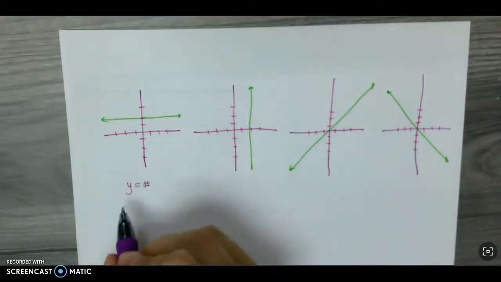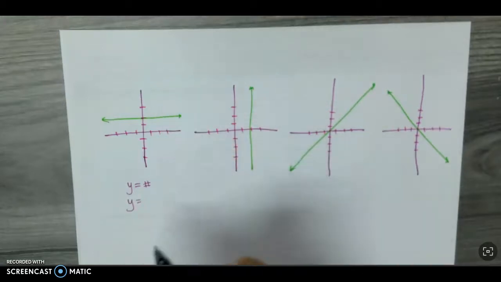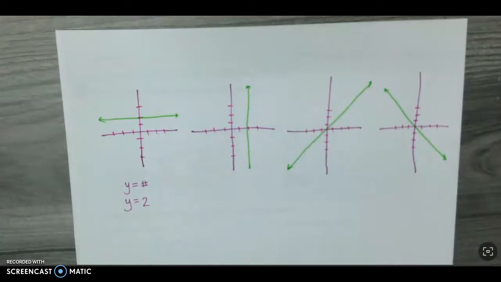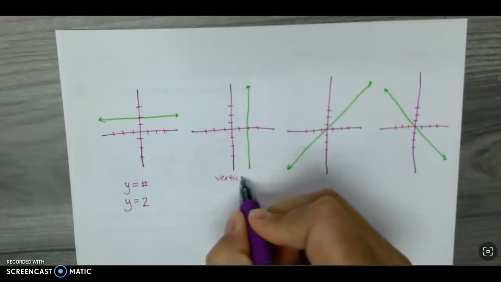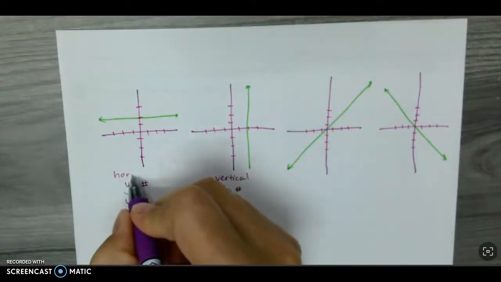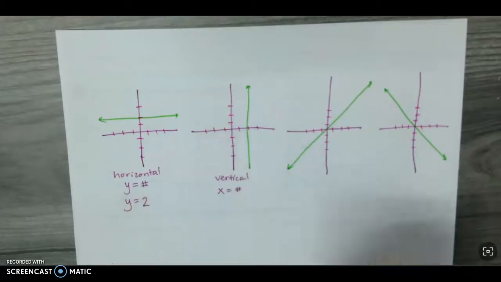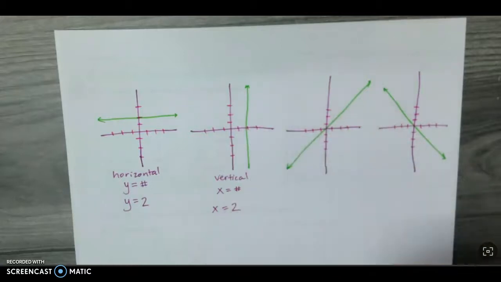And so in this case, we would say y is equal to +2 because it's 2 above the x-axis. Where anytime you have a vertical line, you're going to have x equals a number. So this is horizontal. Vertical will be x equals a number. So x equals 2 in this case.